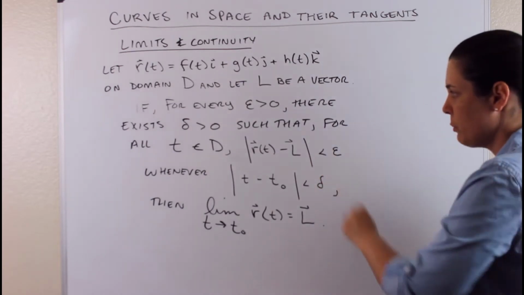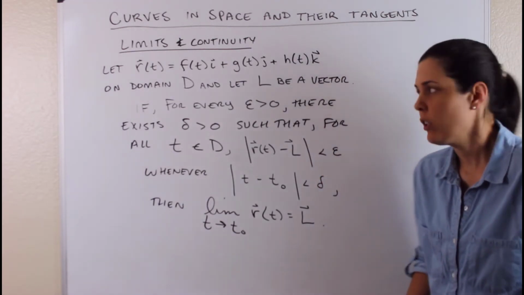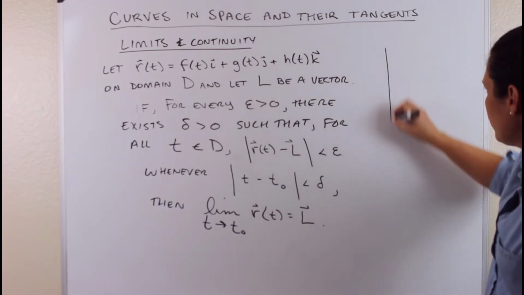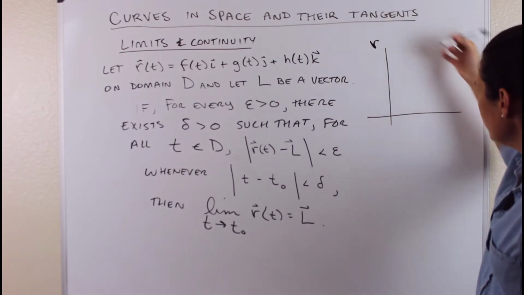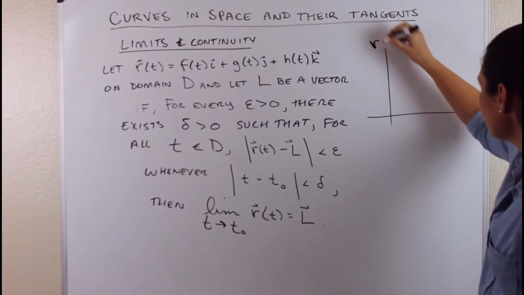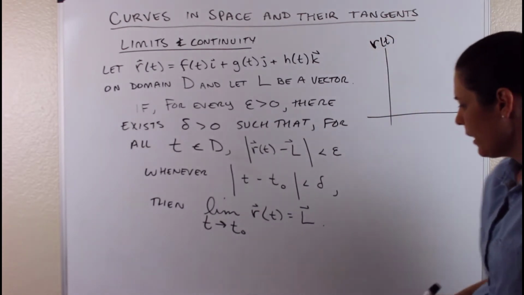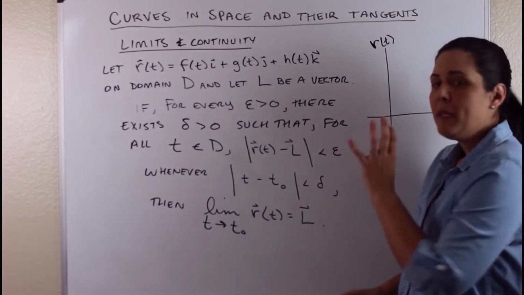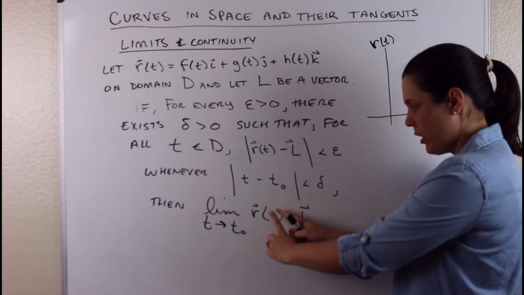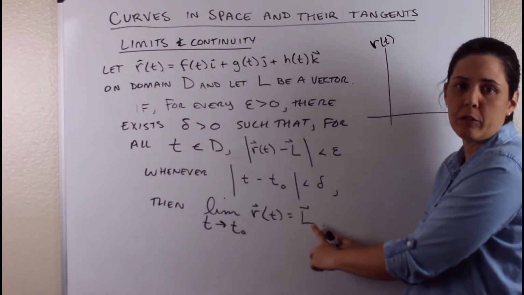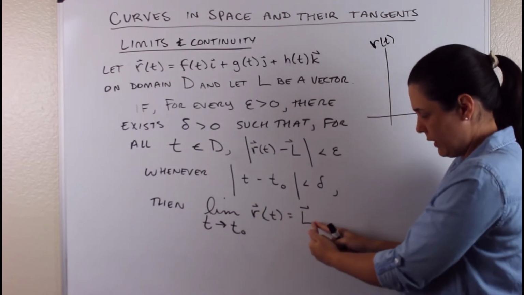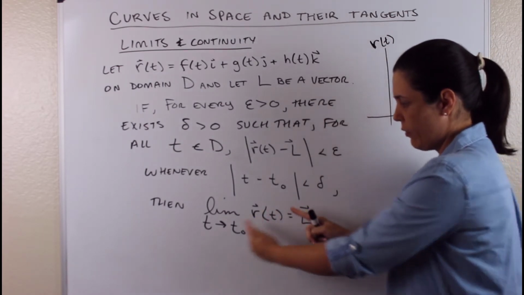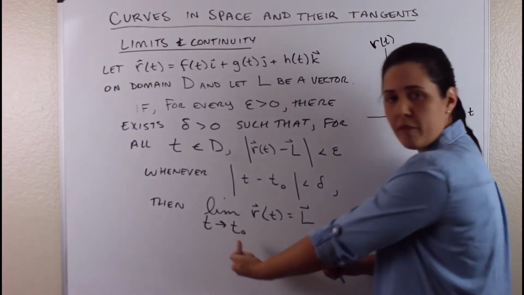If you never saw this before, or if you're seeing it but you didn't really ever understand it, if I just focus on two dimensions right now, if I say my output is r and my input was t, because remember r is a function of t. If I'm claiming that my function approaches this limit value, so remember how limits work, our output is getting really close to this limit value, and if we get really close to this input value.